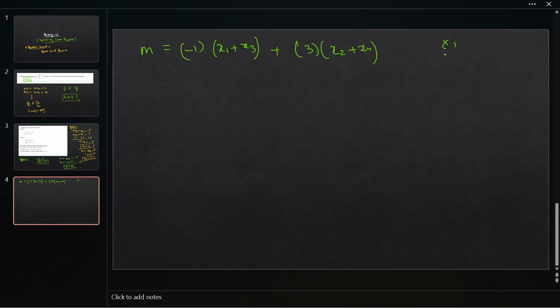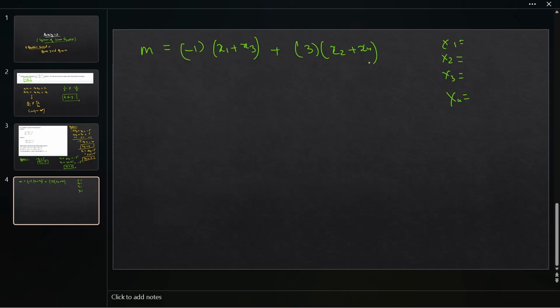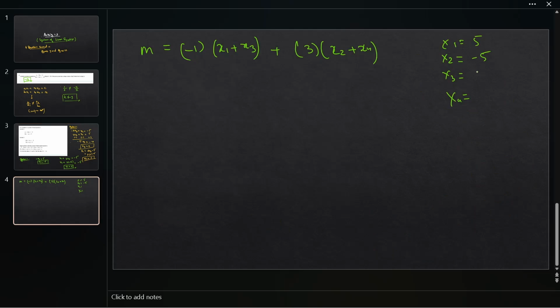So first let's write the values of x1, x2, x3, x4. The value of x1 is 5, x2 is minus 5. And similarly, the value of x3 is 2 and the value of x4 is minus 1.